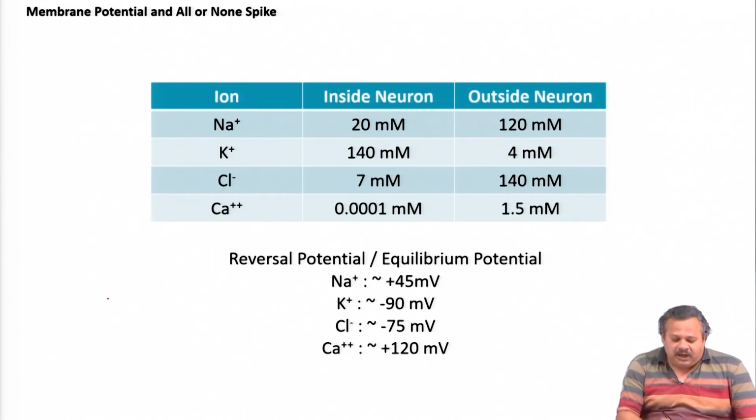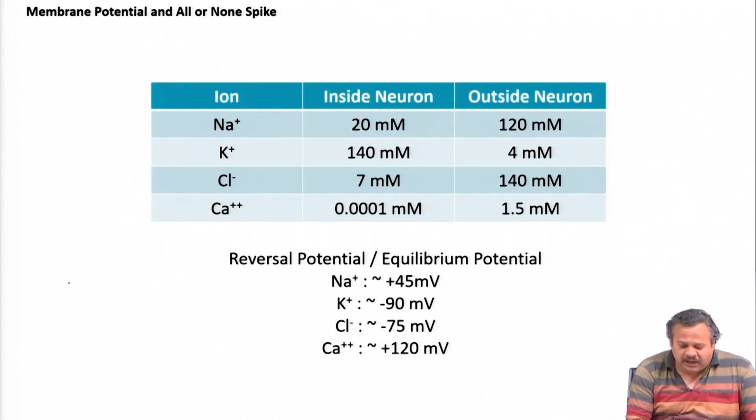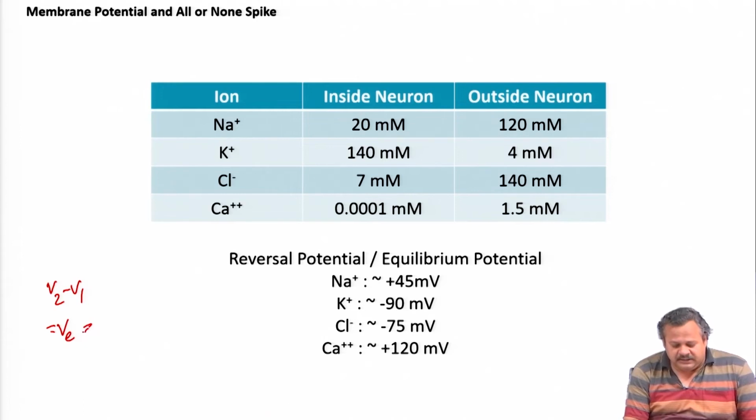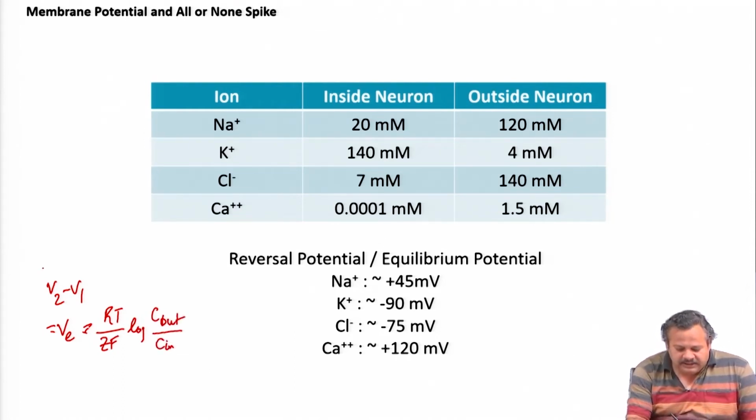So, if we now use our idea that V2 minus V1 is our V equilibrium or V reversal, then this will be determined by RT by ZF log of C1 or C out by C in, and this is my V in minus V out.